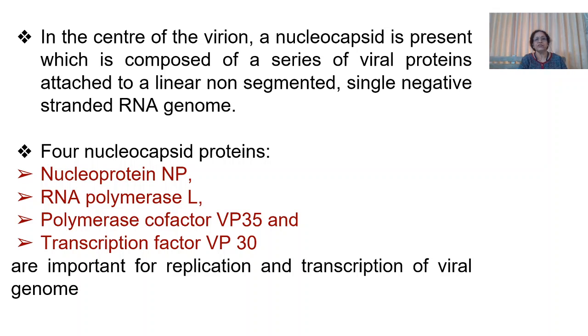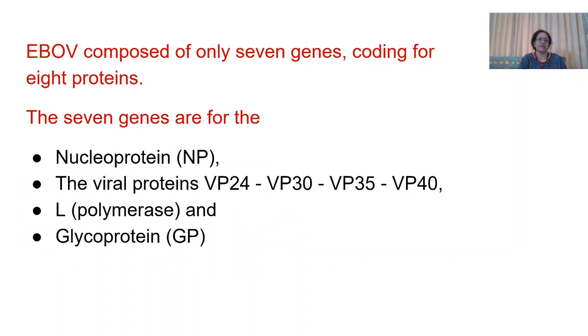There are a total of 4 nucleocapsid proteins: nucleoprotein NP, RNA polymerase, polymerase cofactor VP35, and transcription factor VP30. These are important for replication and transcription of the viral genome. Besides this, 3 more proteins are present.